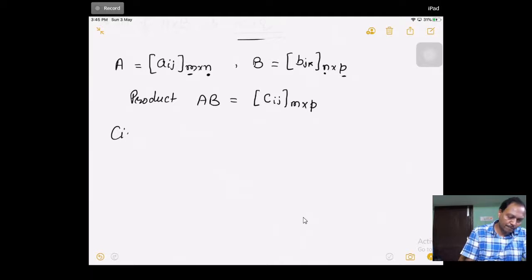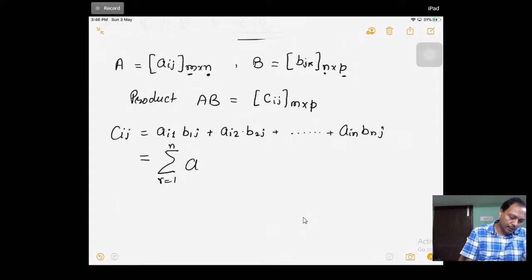Cij is equal to Ai1 multiplied with B1j plus Ai2 B2j, up to Ain Bnj, or with the help of sigma notation, the sum for r equal to 1 to n of Air Brj, where i is from 1 to m and j is from 1 to p.